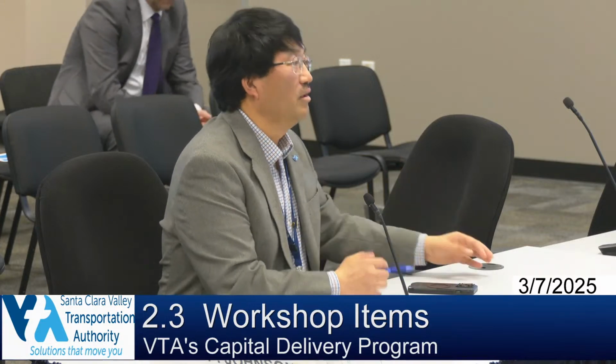The program has grown in small pieces, and now we've gathered some amount of revenue, so we feel it's the right time to develop the expenditure plan. That's one of the requirements through our legislation. I know it's one of our general manager's priorities, so we've worked with the fiscal division and Greg and his team, Mike Smith, and my team, and we'll be bringing that to the April board meeting.